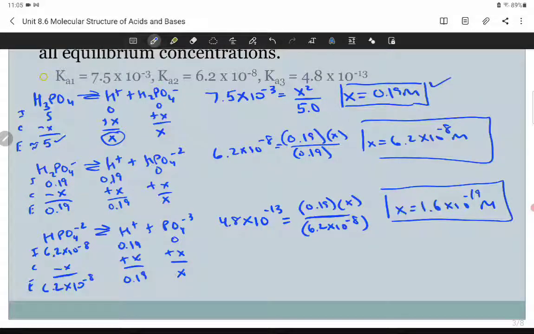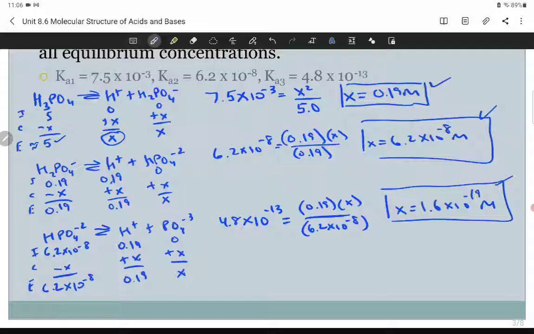Okay, so there are our X values, and I think with those values we can get all of our concentrations. By the way, let's look at the H positive. So we started off with 0 when we made 0.19. Then we're adding 0.19 plus these two X values, insignificant. So now you can see that the first equilibrium process here is going to give us practically all of our H positive.